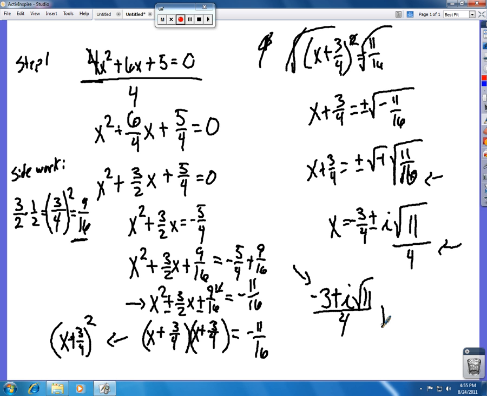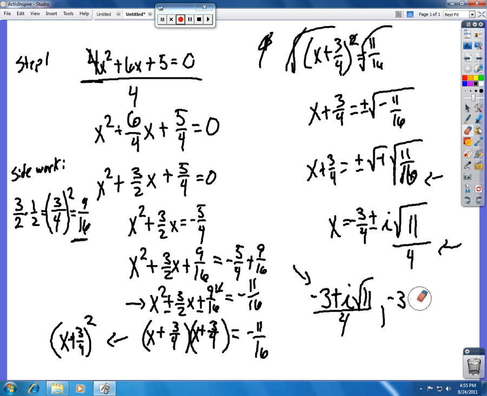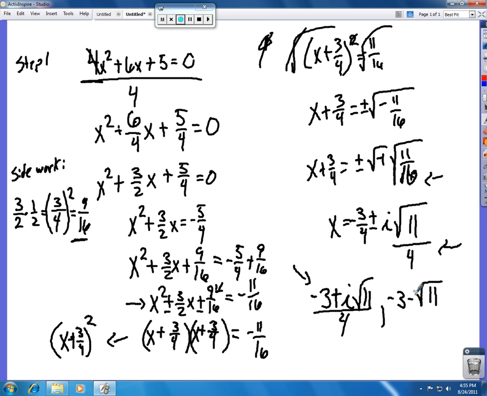So we have two answers. This is one of them. The other one is obviously not plus again. It's supposed to be subtraction. Sorry. And there's your two final answers. And let's move on to the quadratic equation.